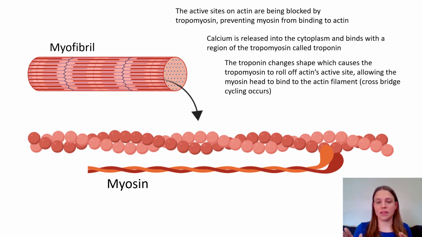Once myosin can attach to the actin, that little myosin head pulls and acts like a ratchet, and it pulls itself down the actin, which causes the shortening, which is where muscle contraction comes from. Whew. And that ratcheting, the attaching and detaching, is another process which I'm not going to explain in detail right now. It's called crossbridge cycling.